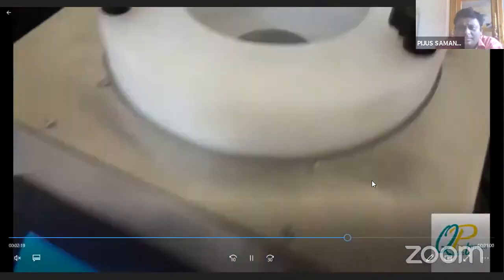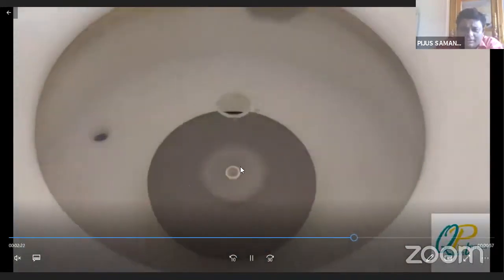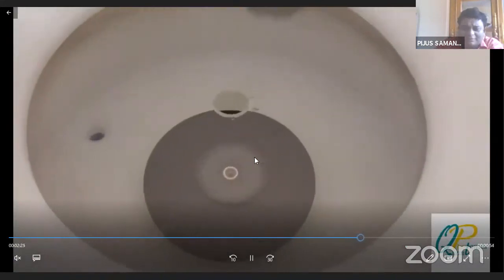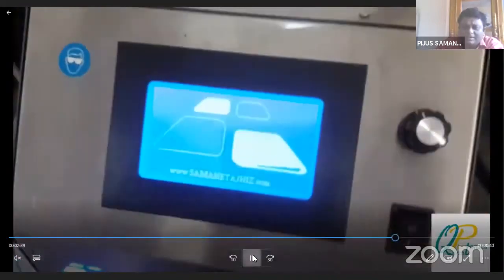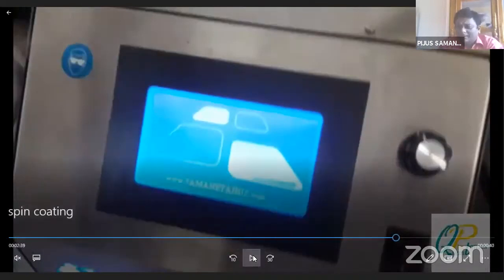You see the substrate is rotating, and due to the centrifugal force and the surface tension, the entire seed solution will be spread over the substrate, and as a result, the thin film will be formed. This is a very popular technique in synthesizing any kind of thin film in semiconductor industries and organic electronic industries.